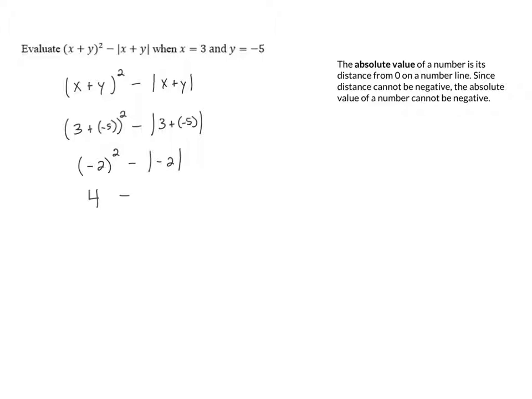The definition of absolute value is that the absolute value of a number is its distance from 0 on a number line. And since distance cannot be negative, the absolute value of a number cannot be negative. Let's take a look at a number line. Just going to draw a really quick one.